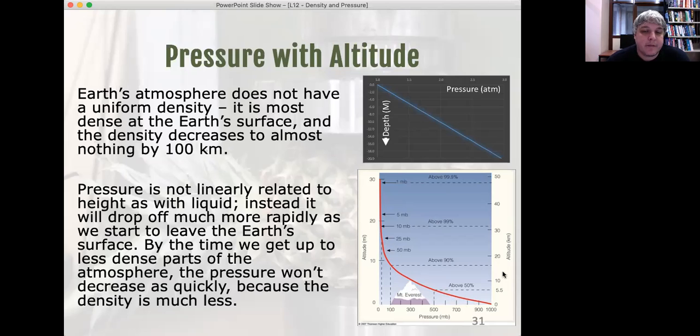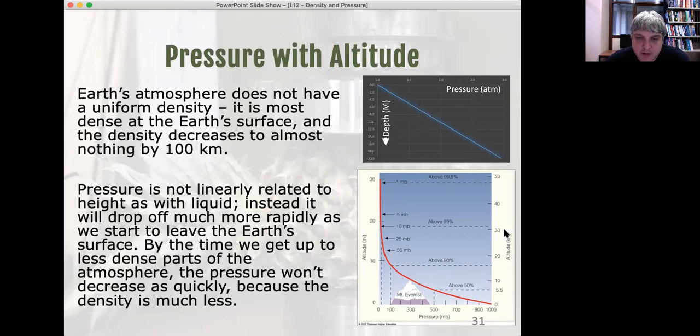So you can see that the pressure starting at 1,000 millibar, which is an odd unit, but it basically means 101 kilopascal, drops down to 90 kilopascal there. By the time you get to the top of Mount Everest, we're at 30 kilopascal, so a lot lower pressure. And then by the time you get up to, where are we?